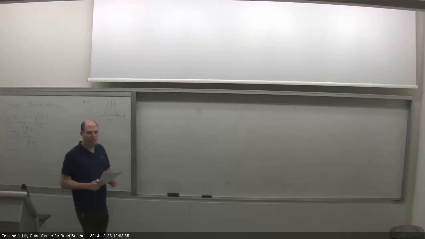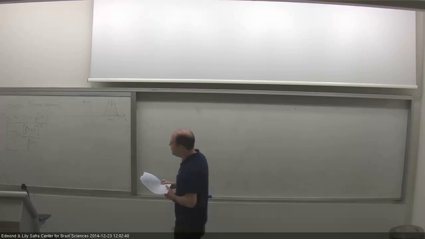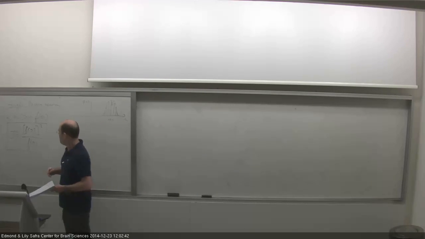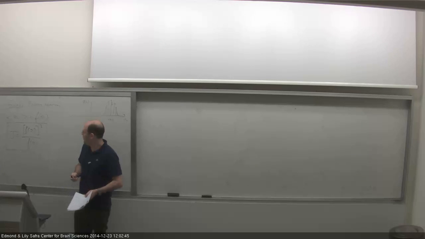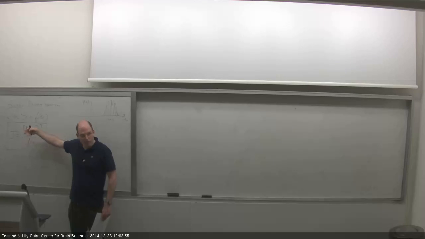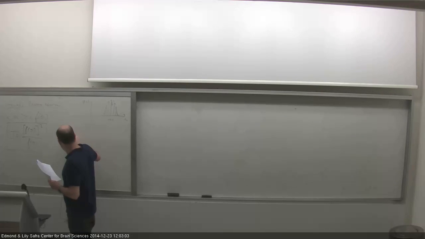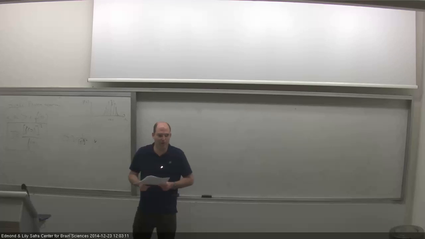Several things to note about this expression, several simple things. One, it has the correct units. f itself is dimensionless because n is a number. But f prime is a derivative with respect to theta, so it has dimensions of 1 over theta, and it's squared. So we have dimensions of 1 over theta squared, and that's what we expect for Fisher information.